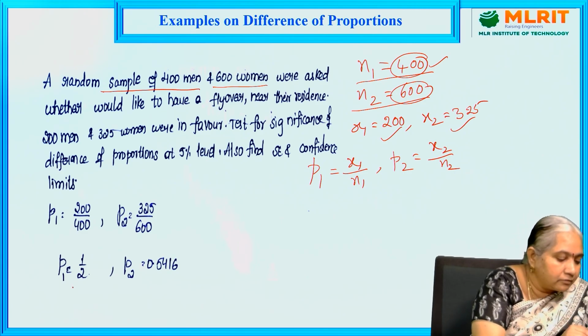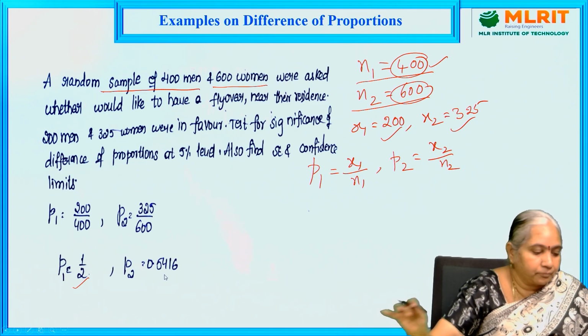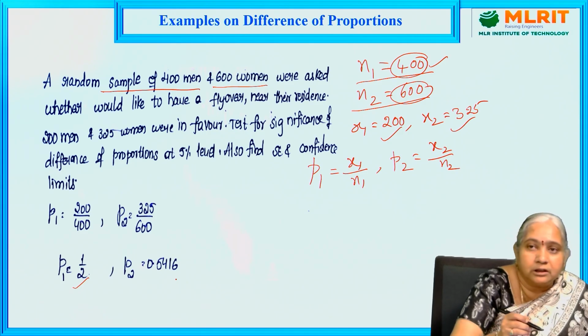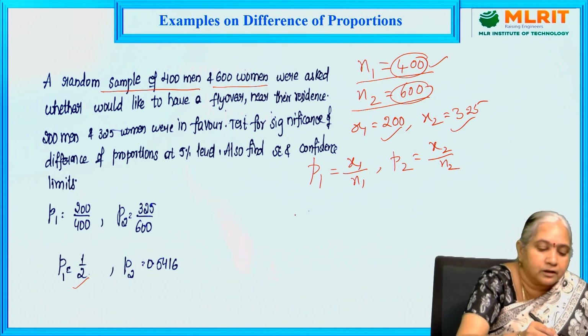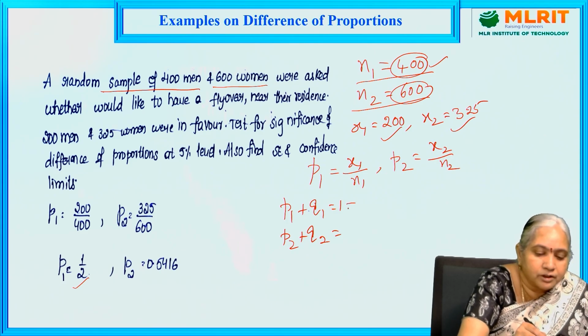So p1 equal to 1 by 2 and p2 equal to 0.5416. We know that the total probability is equal to 1, so p1 plus q1 equal to 1 and p2 plus q2 equal to 1. From these equations we calculate q1 equal to 1 minus p1 and q2 equal to 1 minus p2.